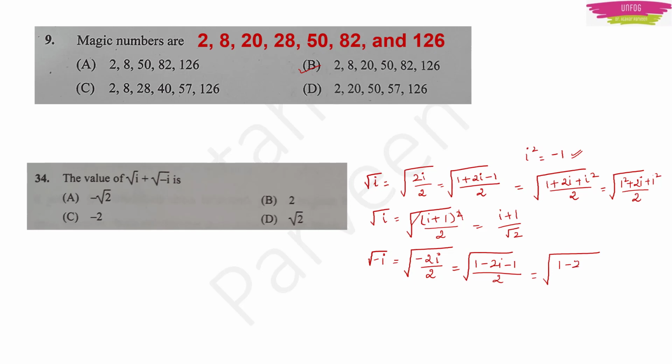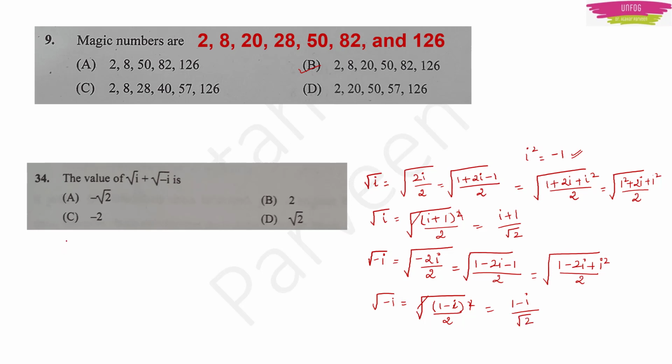So it will be 1 minus 2i plus i square divided by 2. This is in the form a minus b whole square. So square root of minus i will be square root of (1 minus i) whole square divided by 2. Again 2 and square get cancelled and we will have 1 minus i by square root of 2.